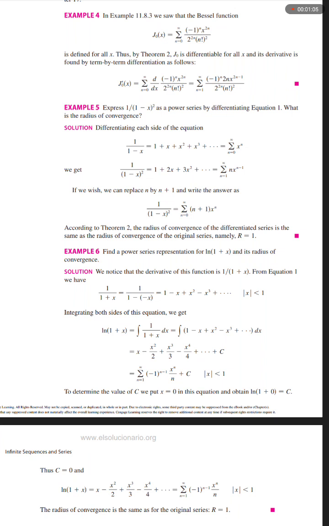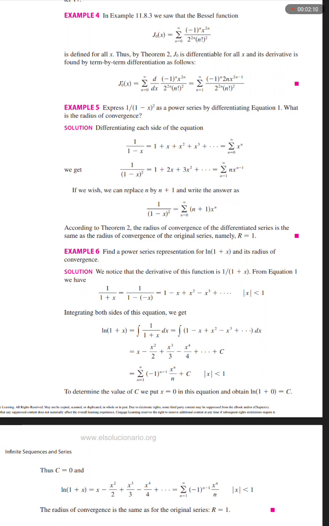J prime sub 0 of x equals the sum from n equals 0 to infinity of d/dx of (-1)^n times x^(2n) over 2^(2n) times (n factorial)^2 equals the sum from n equals 1 to infinity of (-1)^n times 2n x^(2n-1) over 2^(2n) (n factorial)^2.